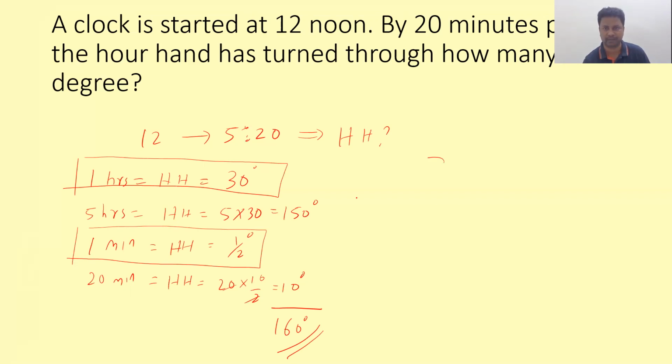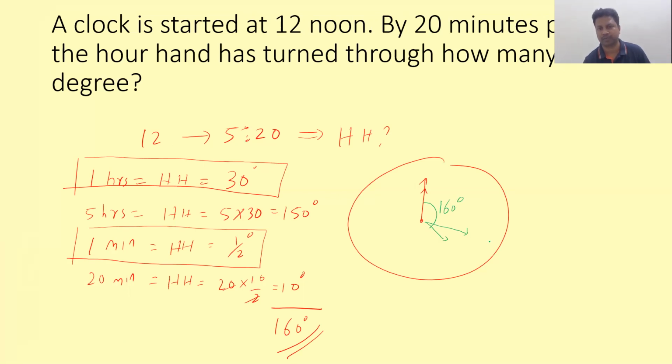So for 5 hours, consider this. From 12 o'clock, it needs to move to 5:20. They're asking this degree. This degree is 160 degrees.